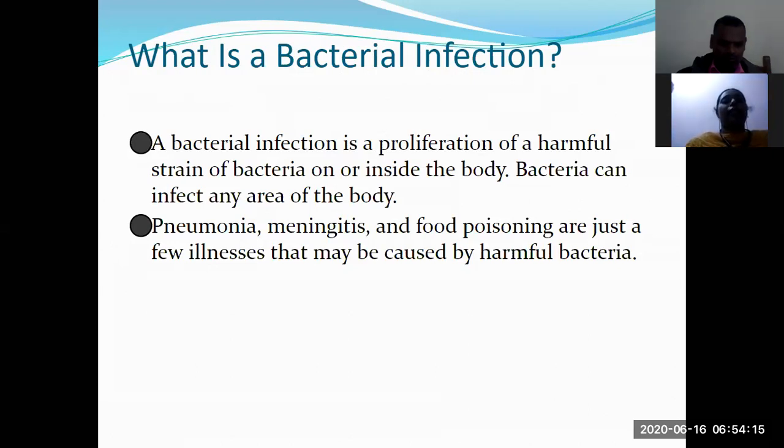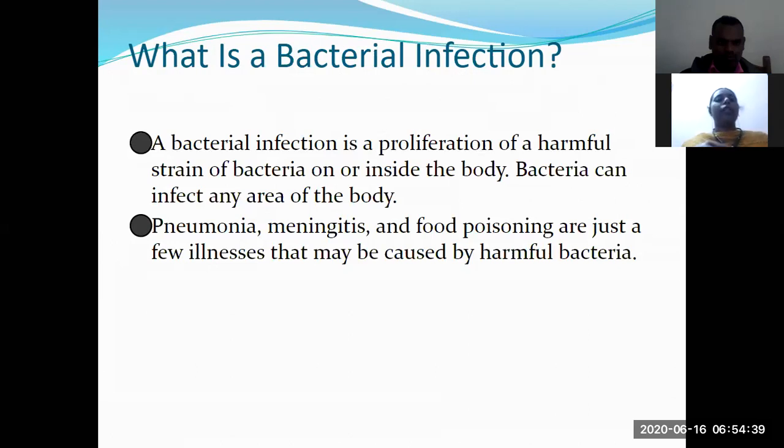What is a bacterial infection? A bacterial infection is the proliferation of a harmful strain of bacteria inside the body, where this bacteria can infect any area of the body. For example, if this bacteria causes disease in the mouth, then our mouth gets infected.